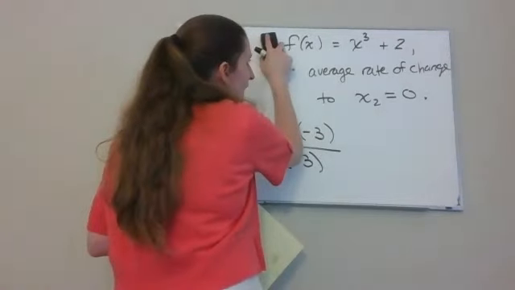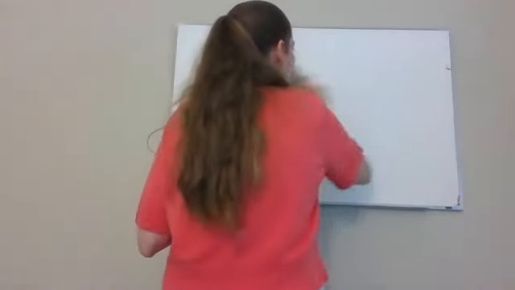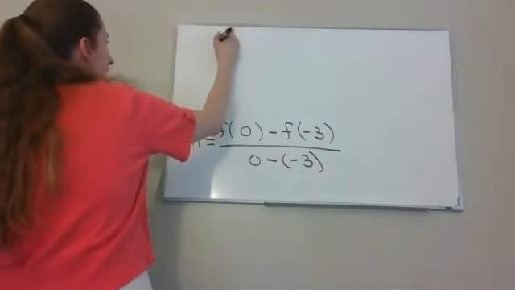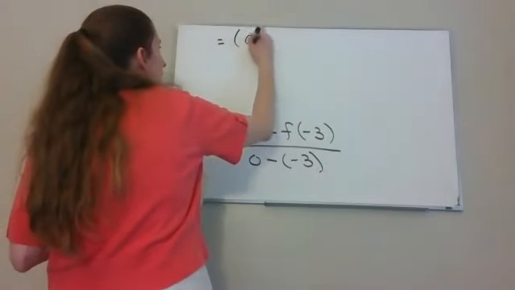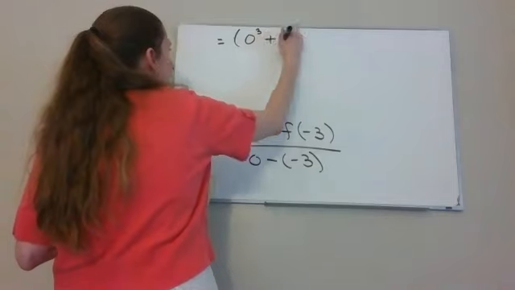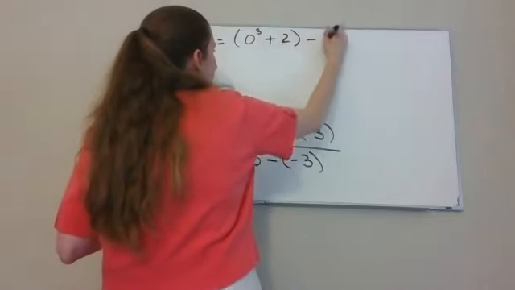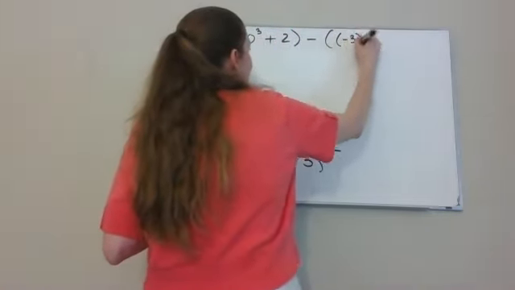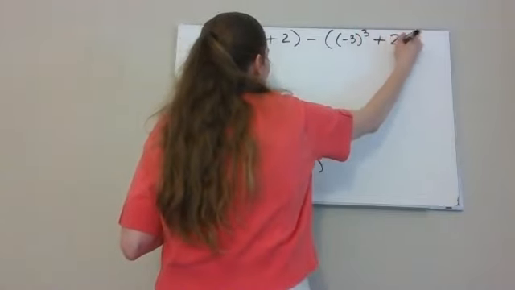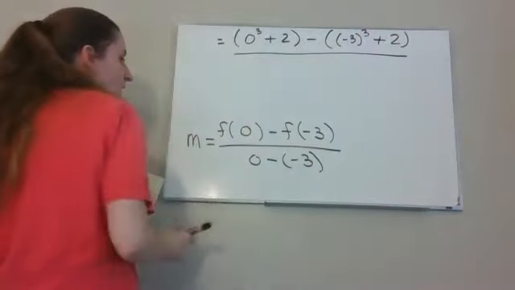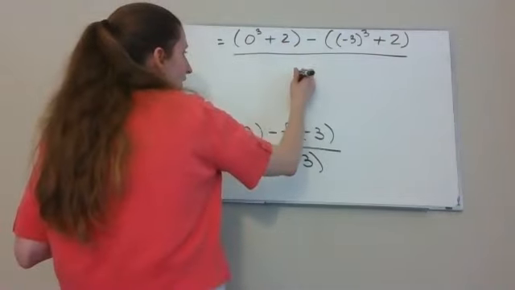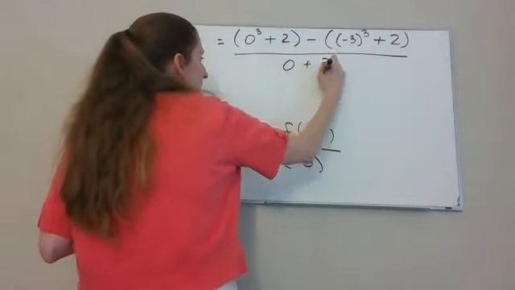So my function was x to the third plus 2. That means f of 0 is 0 to the third plus 2, and f of -3 is -3 to the third plus 2. And this is all over 0 minus -3, which is 0 plus 3.